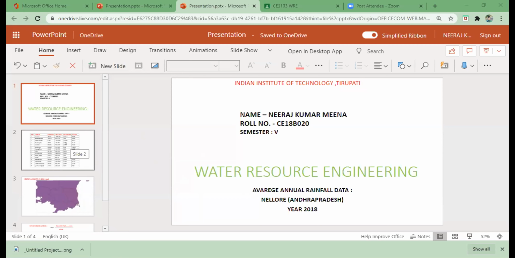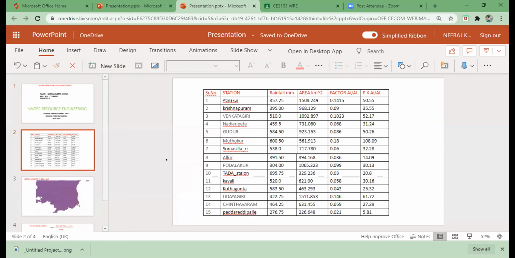I took 15 rain gauge stations that cover all the area of Nellore district. Here are the 15 rainfall stations. Here is the value of rainfall per year for this area. I calculated using the Thiessen polygon method in QGIS.